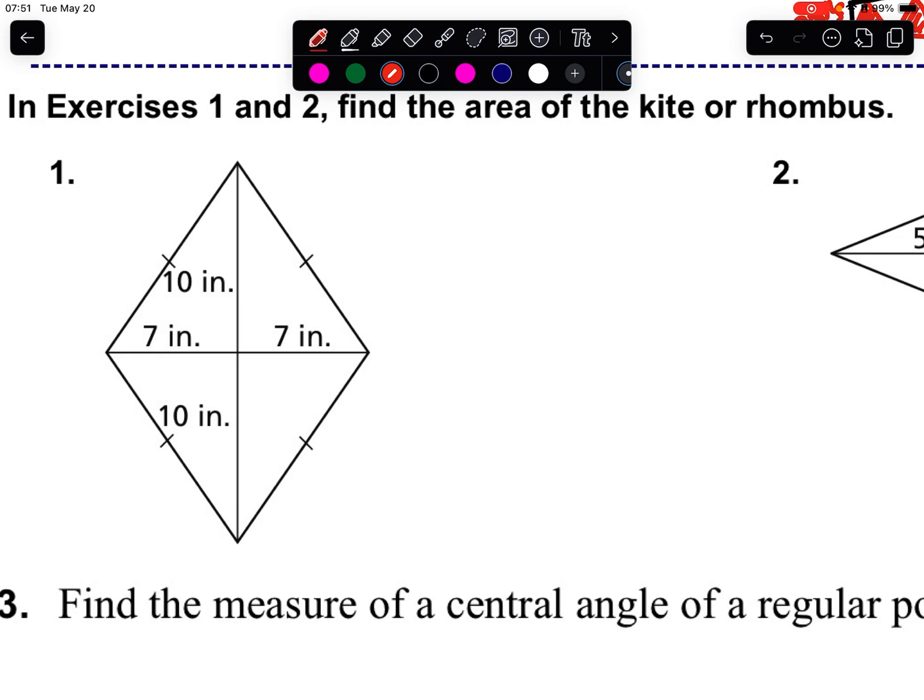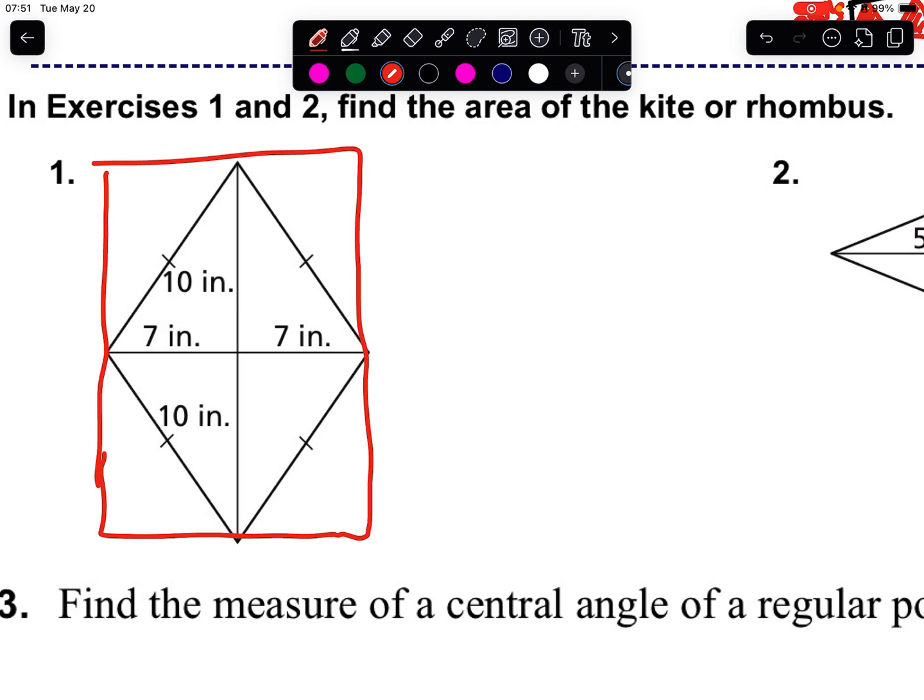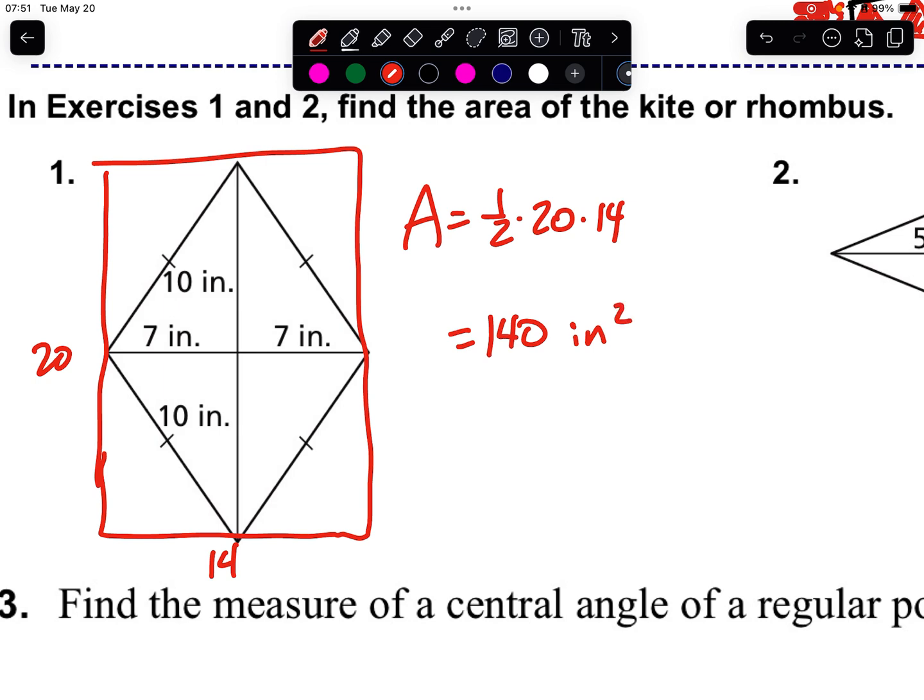Let's use this now in these different shapes. Here we have a rhombus. Again, we can build the rectangle around it. And we see that the height of that is 20. So the area is 1/2 times 20, and the width of it is 14. If I multiply those out, I get 140 square inches.